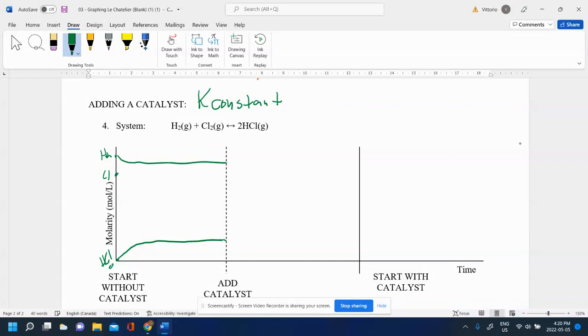Actually, I want to make that more pronounced just so we can see the difference here. So let's go back and do that. So this one here will increase. These two here will decrease.